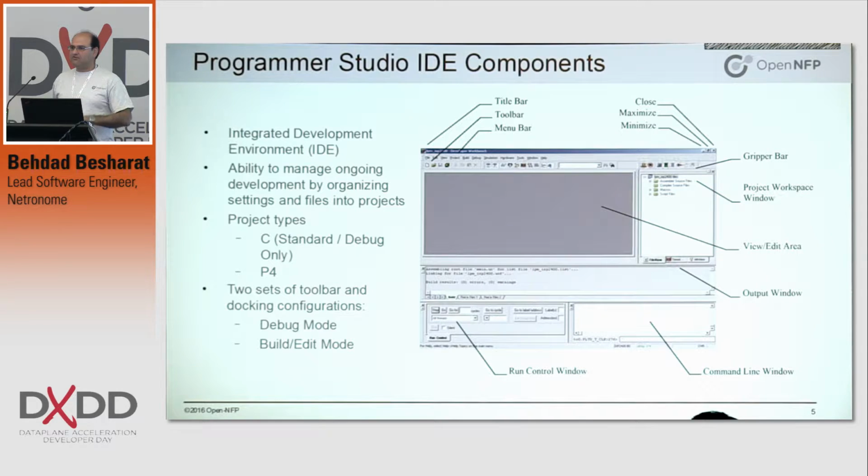And you have the object file, and you want to use the IDE to load and debug it. So you can use a debug-only project, which doesn't contain any source code. And also, of course, you can use a P4 project to program your SmartNIC using the P4 language.